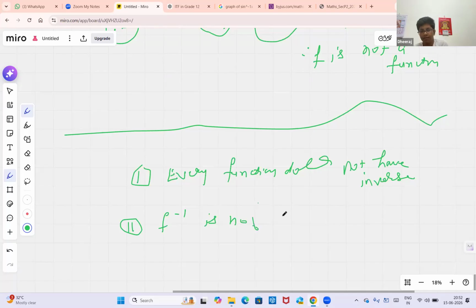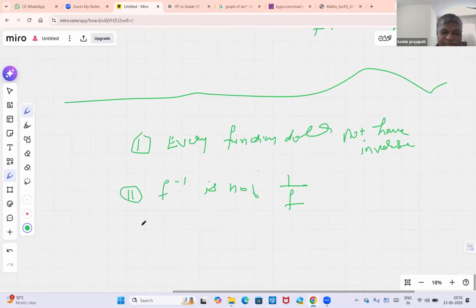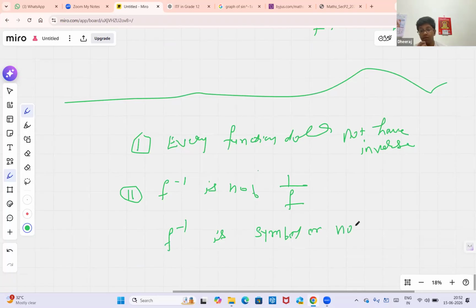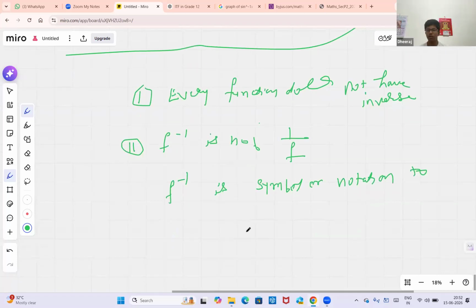So what is f inverse? f inverse is a symbol or notation to represent inverse.